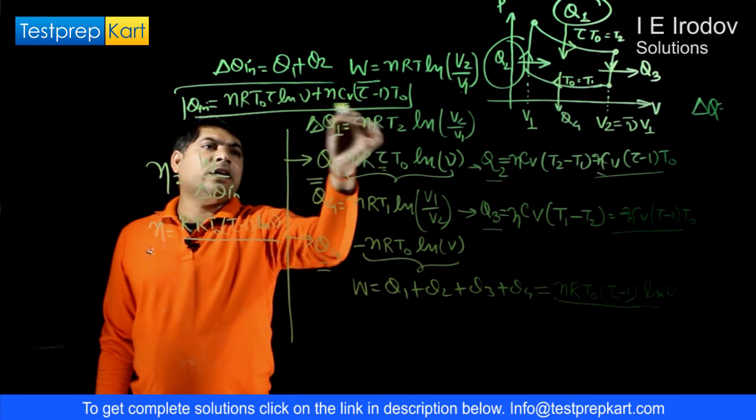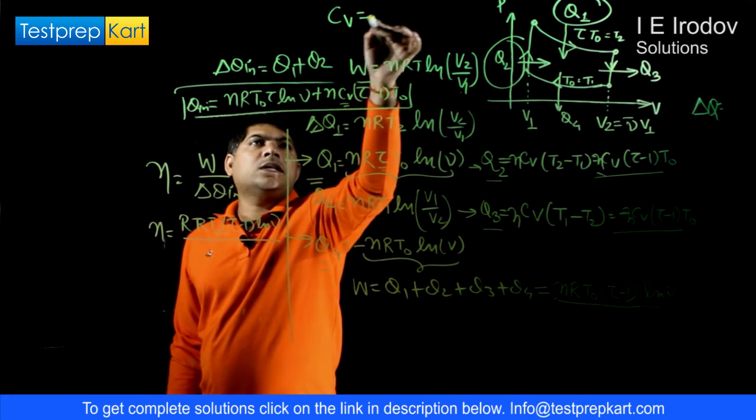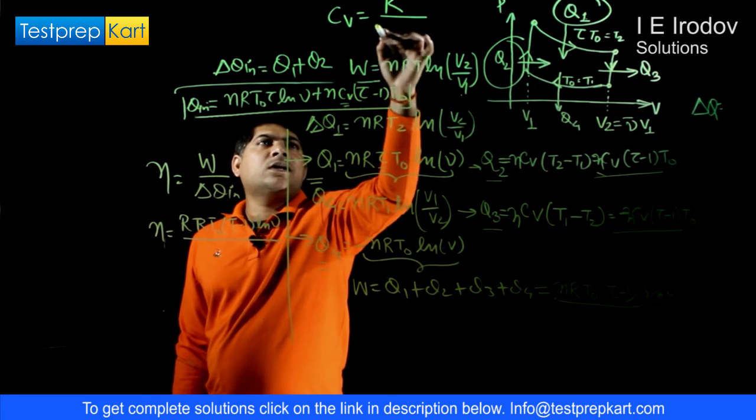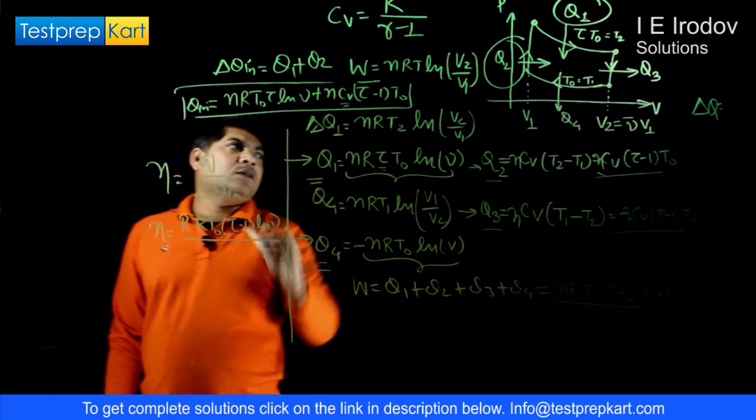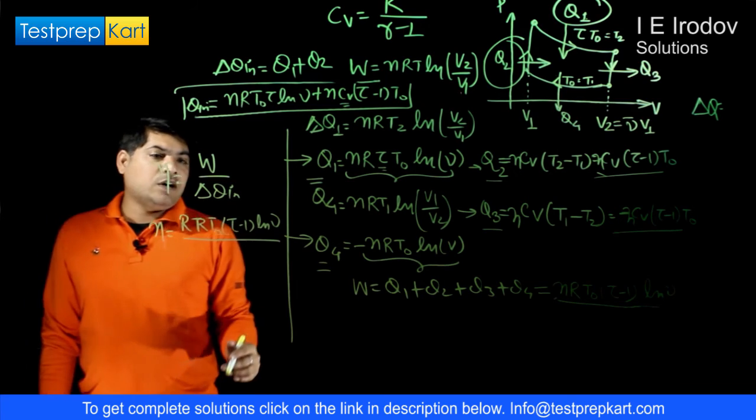Cv can be replaced by R over gamma minus 1, as gamma is the adiabatic exponent of this system.